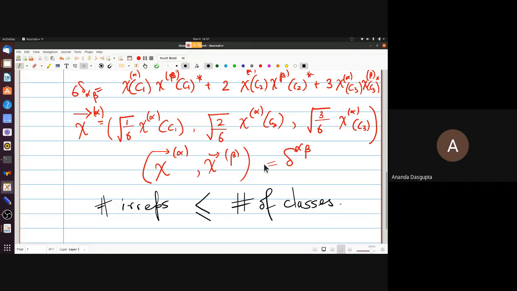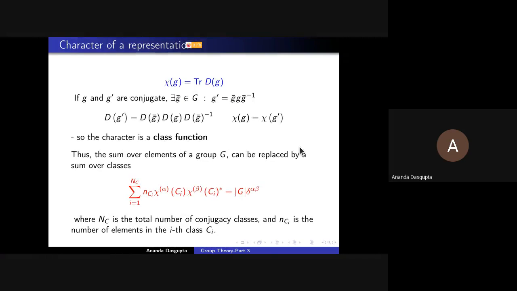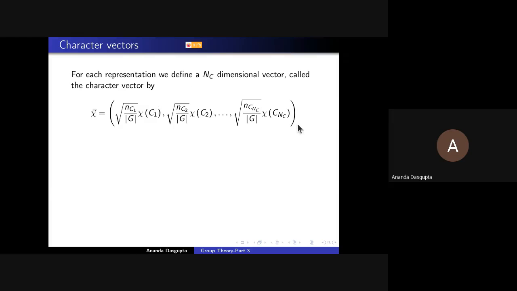Okay, so I'm back. So, right now what we have shown is the number of irreps is bounded above by the number of conjugacy classes. But what is also even more interesting is that this is like an ordinary dot product, especially if you introduce this vector, where you have one element for every class and you weight the character by the square root of number of elements in the class by the number of elements in the group, then you will simply get this result, right?